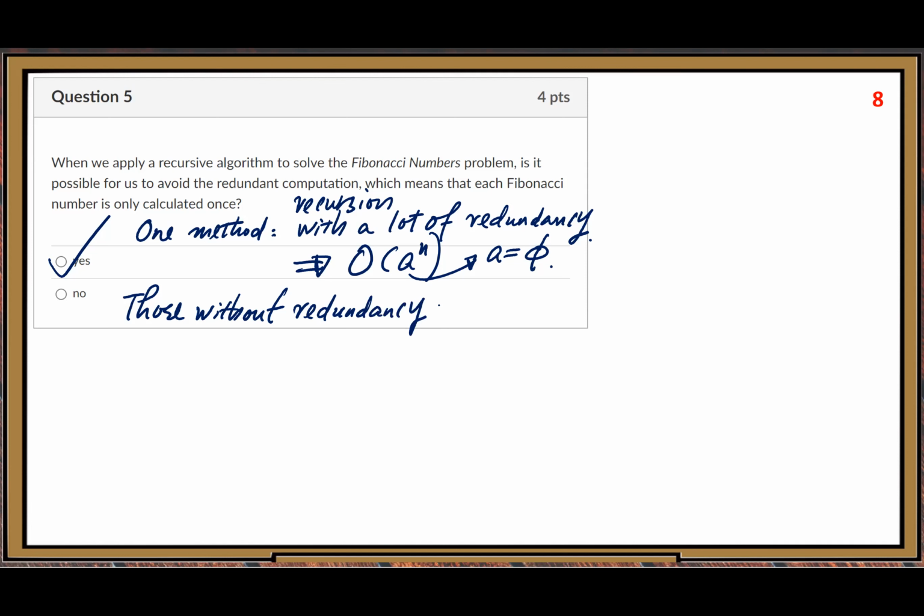All those methods in this category are linear. Actually, there is another one in our textbook.